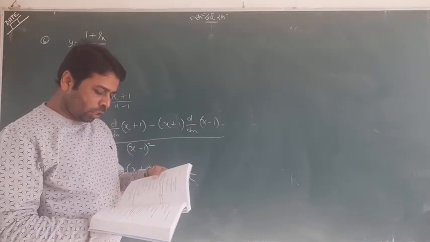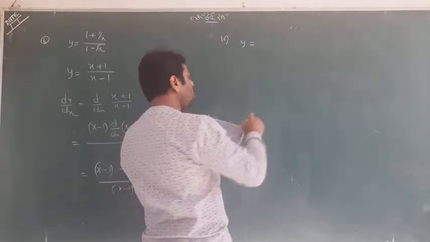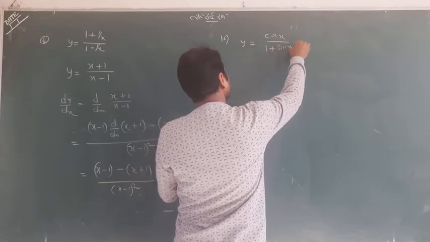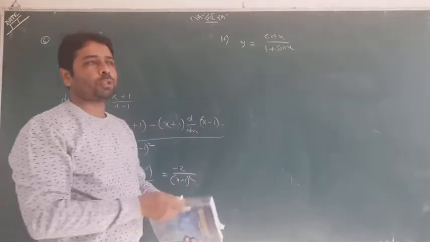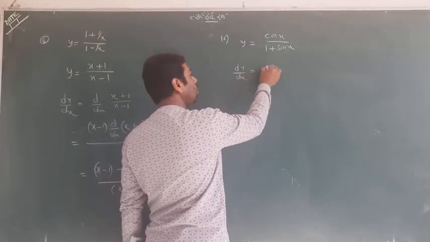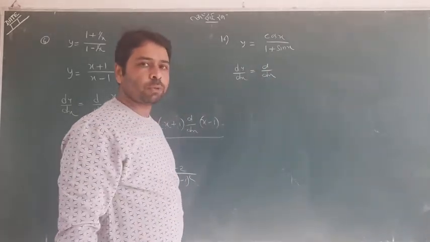Now 16th one I will tell you. y is equal to cos x upon (1 plus sin x). This is the question. Again I tell you, it's a division, so I won't write all differentiation of y with respect to x.